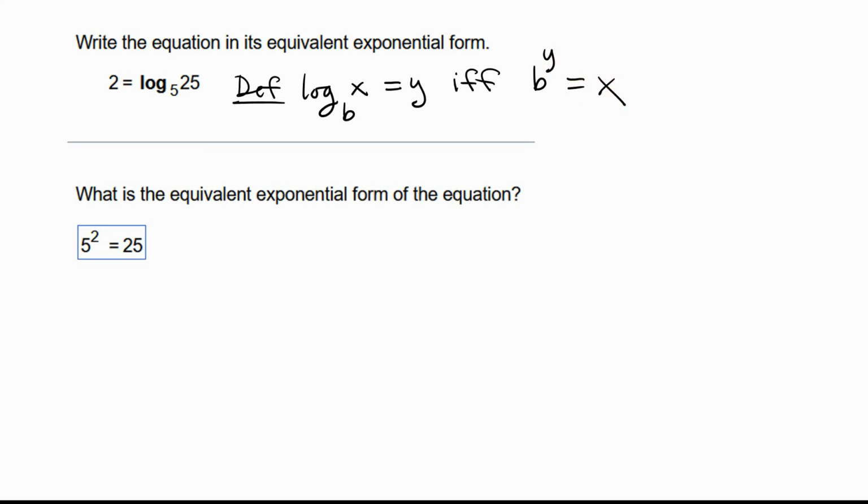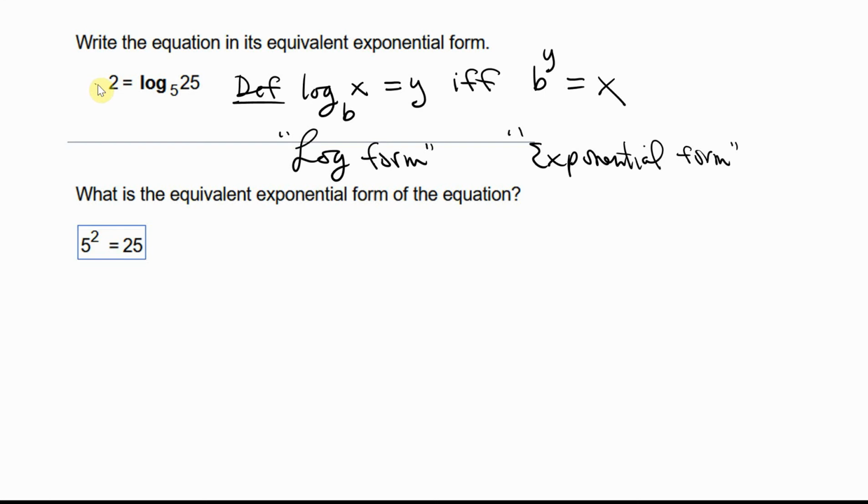If it's in the so-called log form, we can convert to exponential form. And vice versa. If it's in exponential form, we can convert to log form.